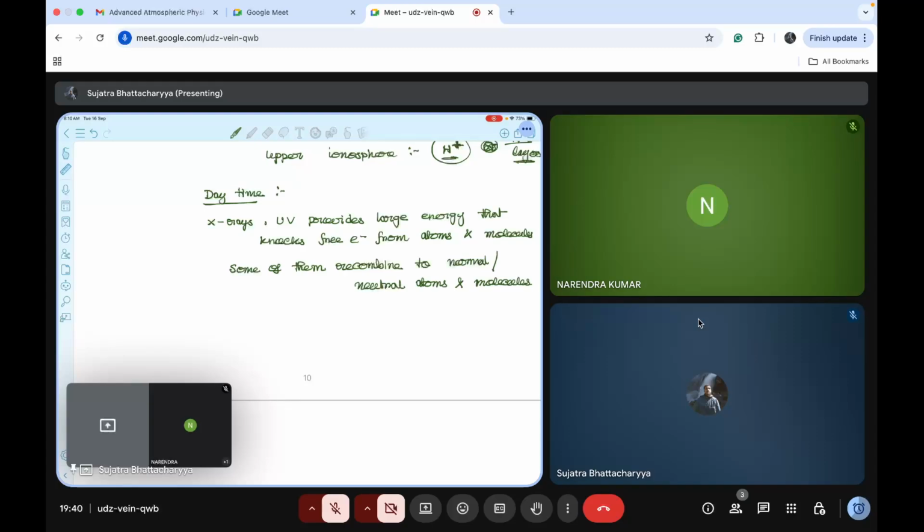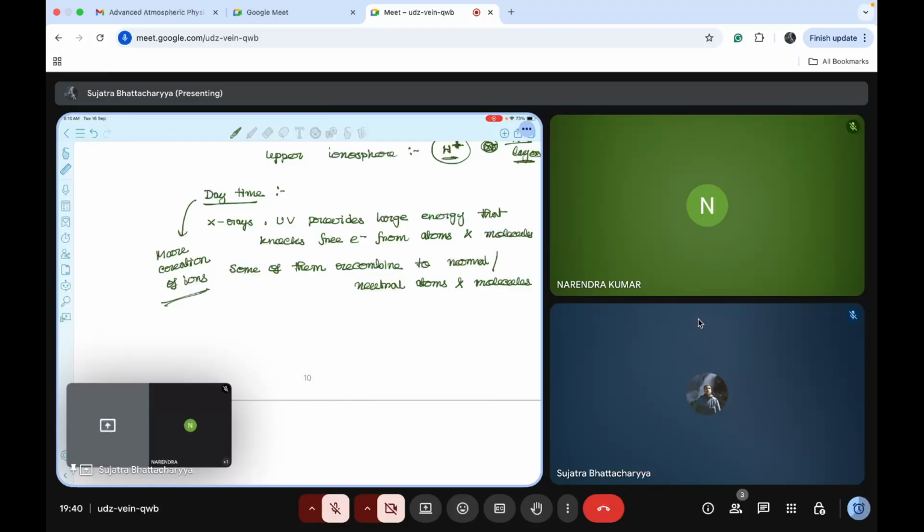Okay. So during the daytime, essentially there is more creation than recombination. So more creation of ions, because as you can see, the solar radiation plays an important part.